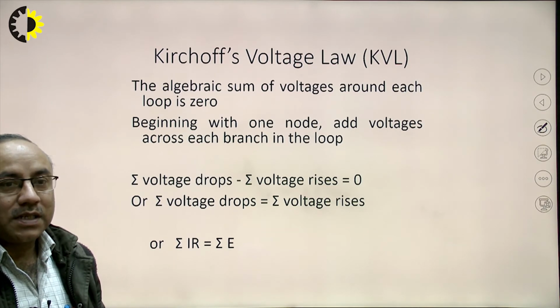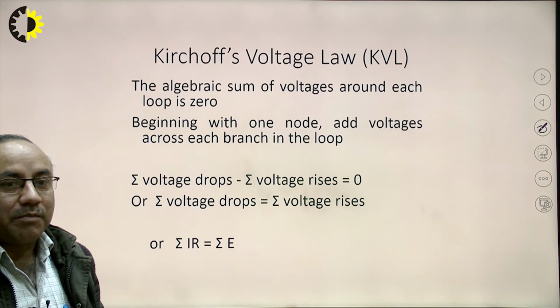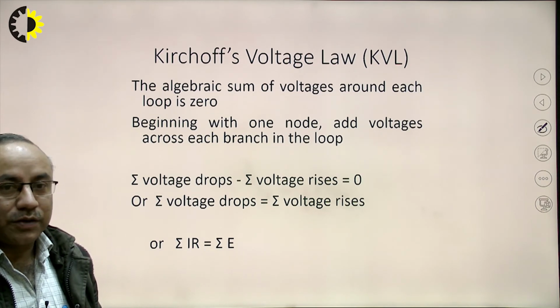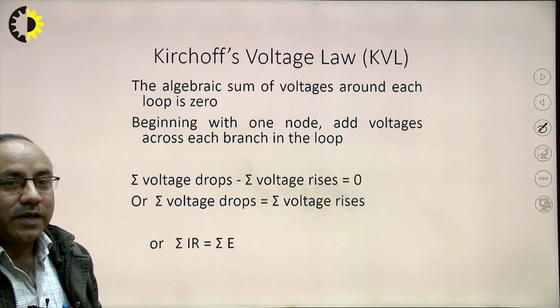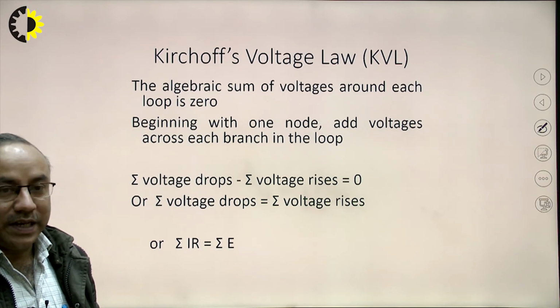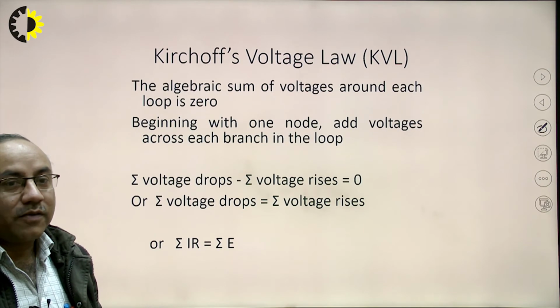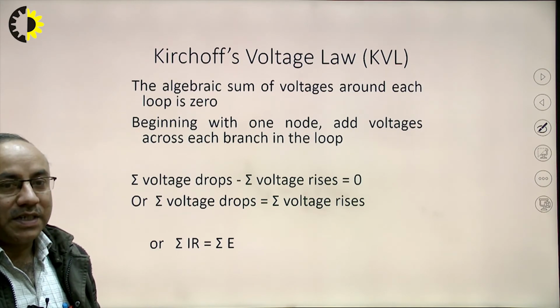So, as per this we can write algebraic sum of voltage drops minus algebraic sum of voltage rises is equal to 0, or it can also be written as algebraic sum of voltage drops equal to the algebraic sum of voltage rises, and this can be written as summation IR equal to summation E. That is, summation IR means algebraic sum of voltage drops and summation E means algebraic sum of voltage rises.